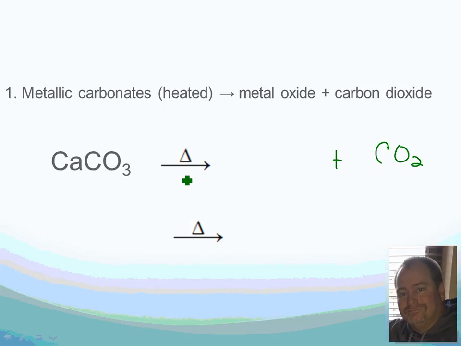What is oxygen? 2-. So right there is calcium oxide. Last thing I checked, do I have a balanced chemical equation? Absolutely. So that is the decomposition of calcium carbonate.